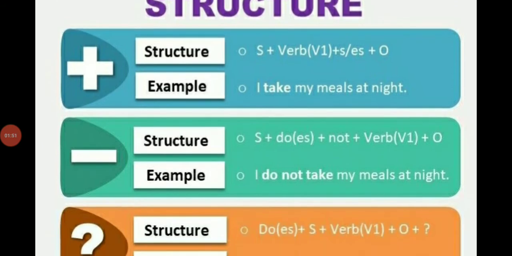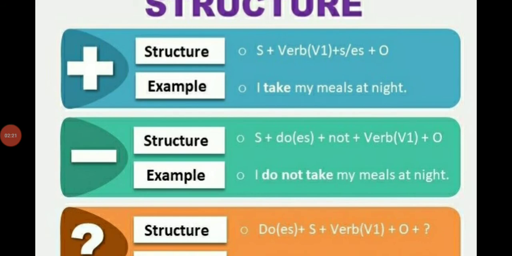Now we are going further, and we will see the negative sentences. The structure is given. You may say subject plus do or does not plus verb first form and object. Do not comes with plural subject like I, we, you, they, and any plural noun like boys, tables, chairs, coolers, fans, and with singular subject does not comes.